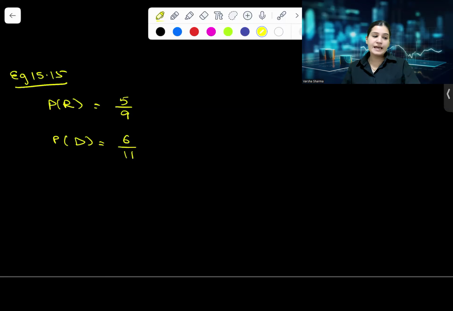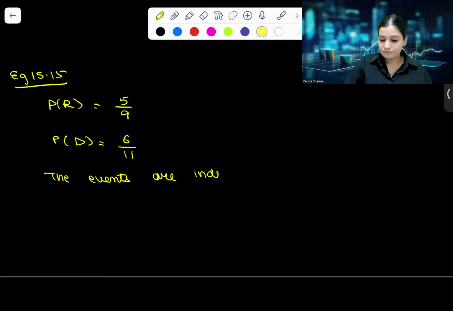So in this case, Rupesh and David's hitting the target are completely independent of each other. So the events are independent. Do you all agree? Problem solving, hitting the target, all these questions are independent. If I know that they are independent, then what can I find?